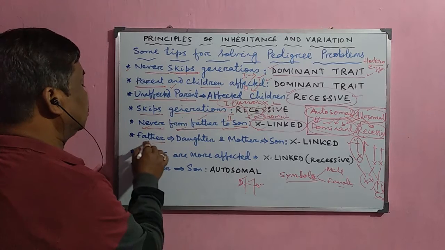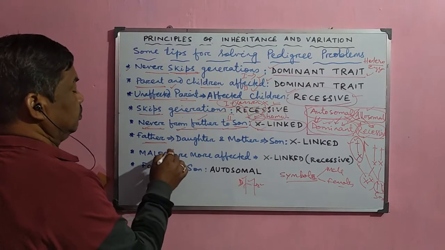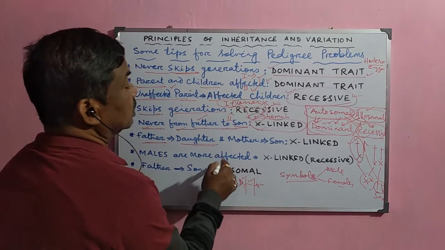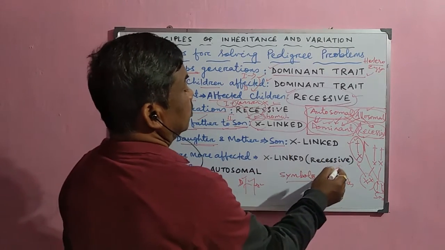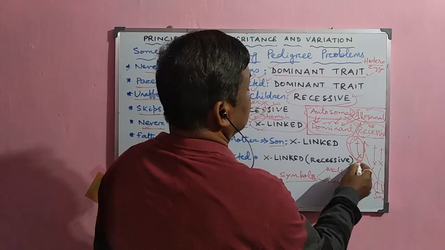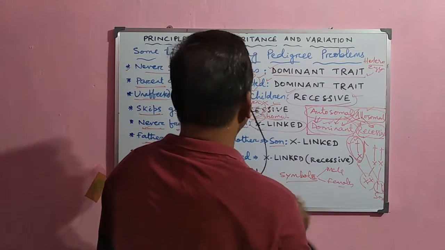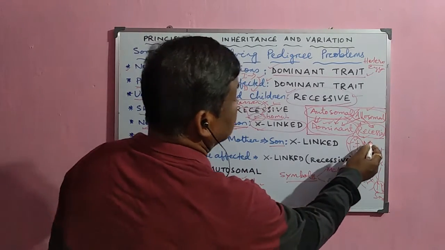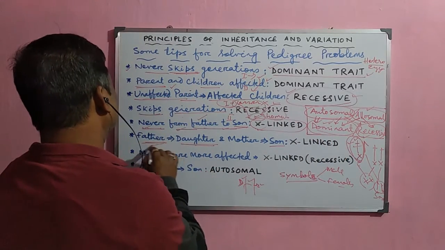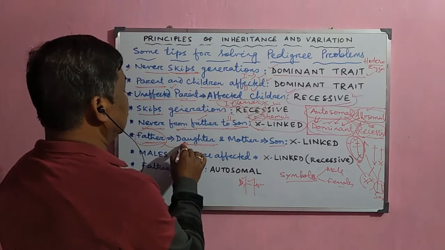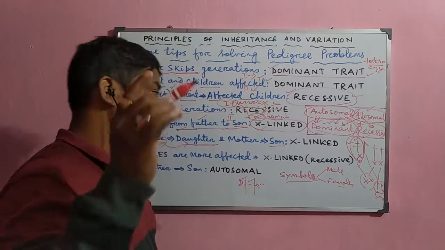Now, father to daughter and mother to son, this is the normal pattern, or crisscross pattern, of inheritance. Look here, from the father the X chromosome goes to the daughter. So if there is any disorder in this X chromosome, then from the father the disorder will pass to the daughter only.